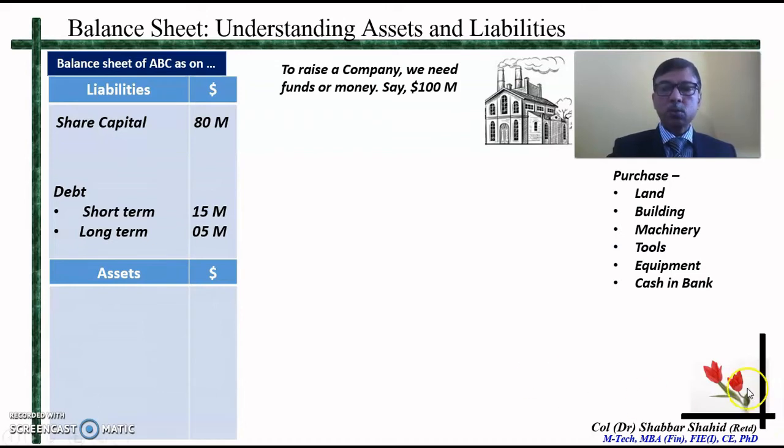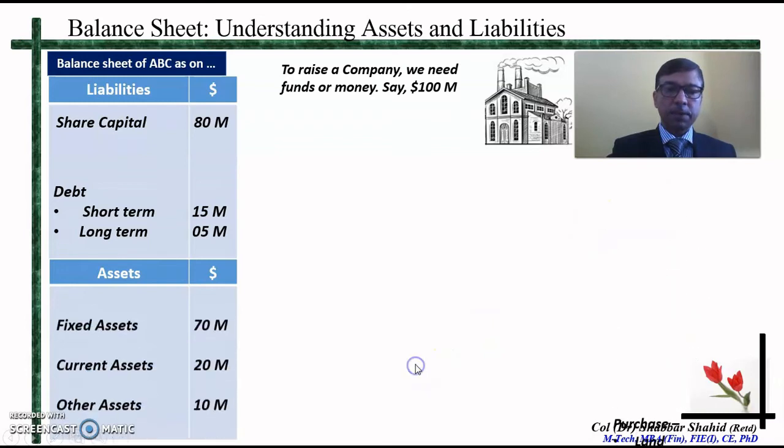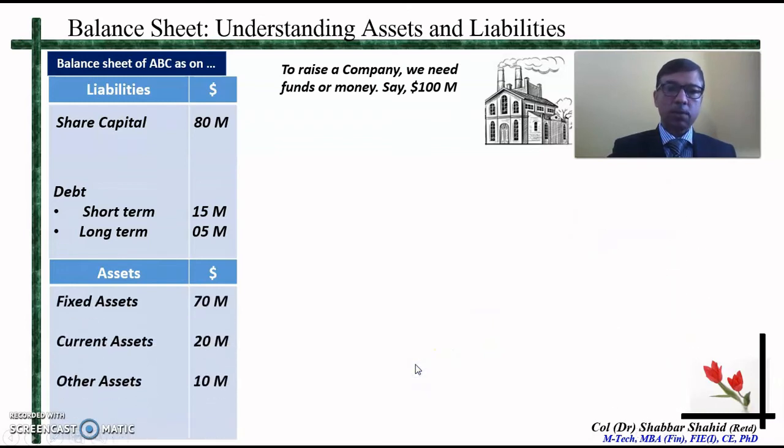And what happens to this land, building, plant, machinery which the company has purchased? These are the assets of the company, so they go into the asset column, and they are clubbed under three broad heads. One is the fixed assets like the land, the building and other things which are not liquidated for the normal functioning.